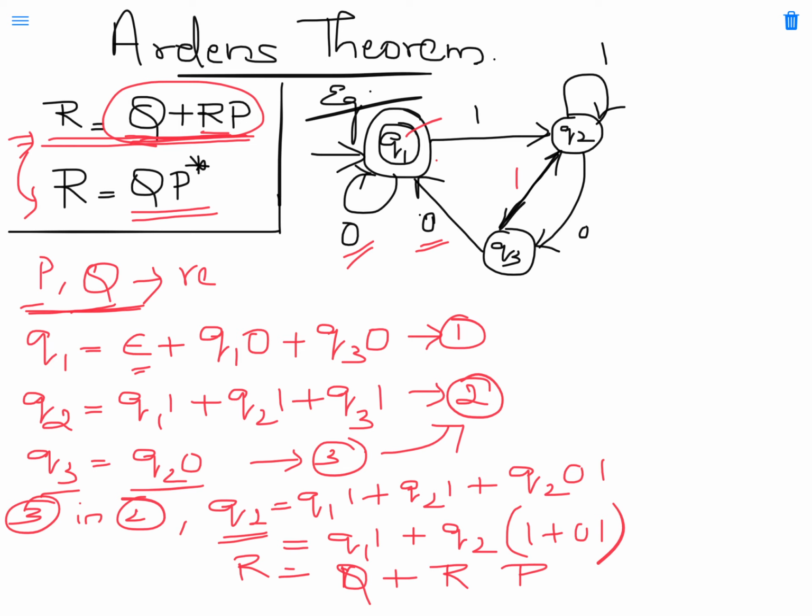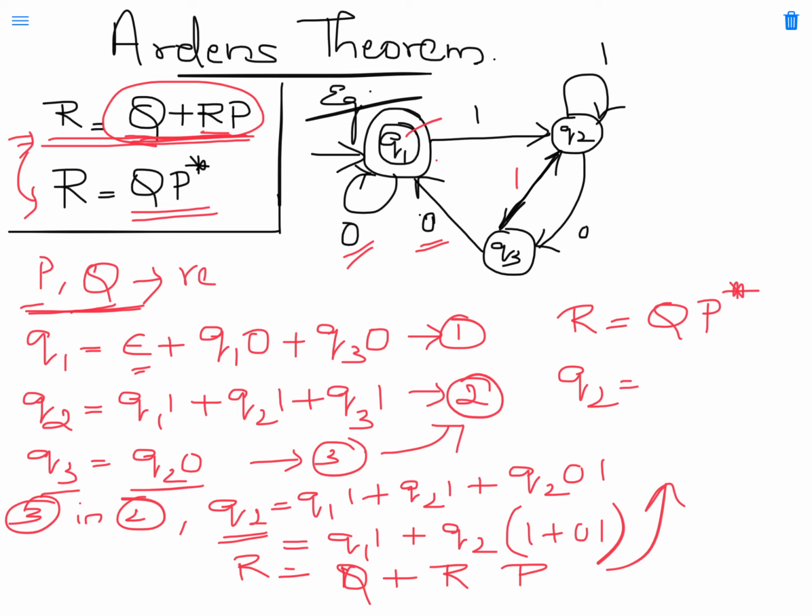Now how can you transform this equation to R is equal to QP star? R is Q2, isn't it?